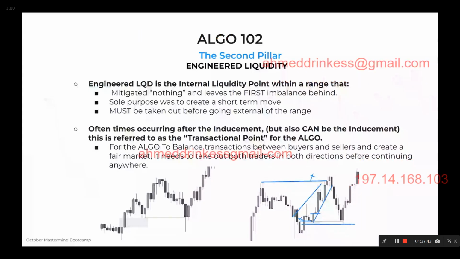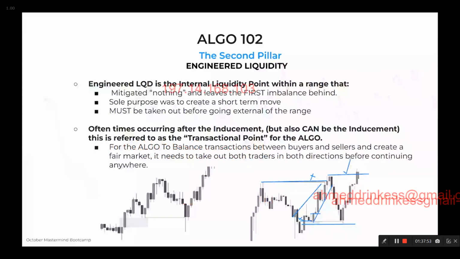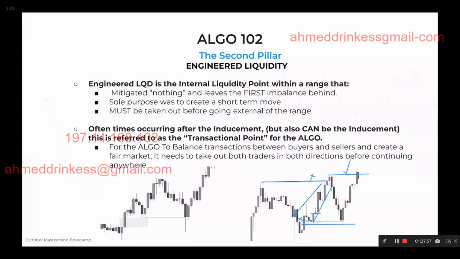To mitigate our order block. After it's mitigated, we then know price will come to take out sellers and rinse and repeat, sellers to buyers, all over the place. But you're going to have a much easier representation of what this is when we get to the anatomy of the algo next week.